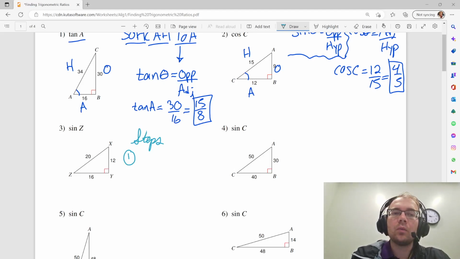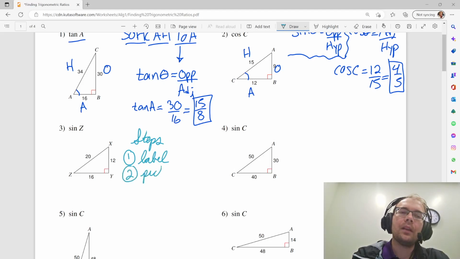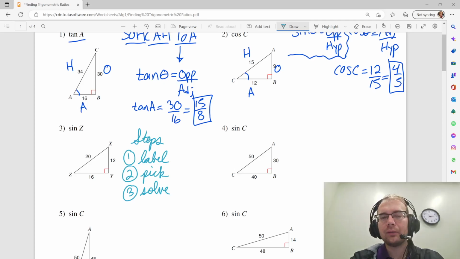I'm going to use one word, give you the short version, and then I'll add another word. I like to start with the short version here. So that says label, and then pick, and then solve. Label, pick, solve, right?